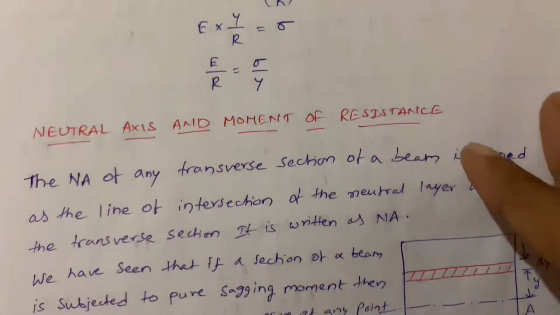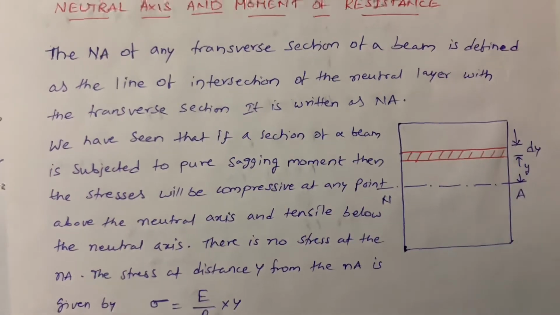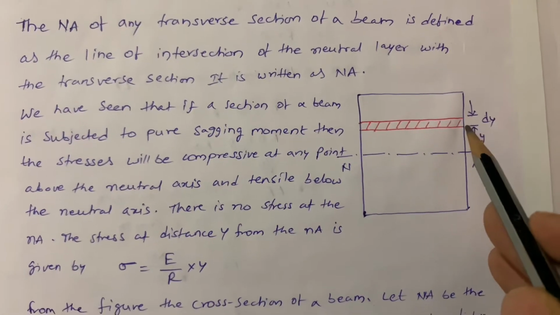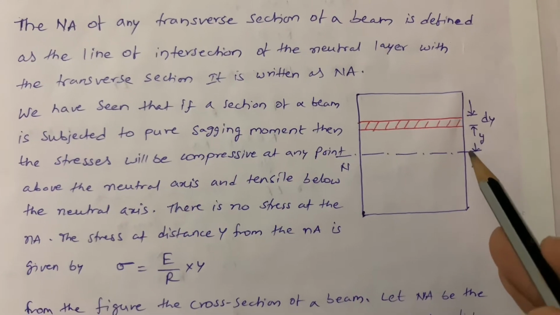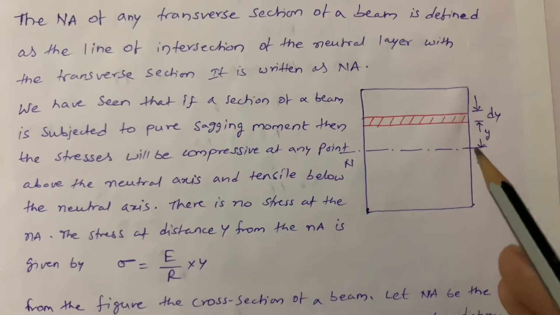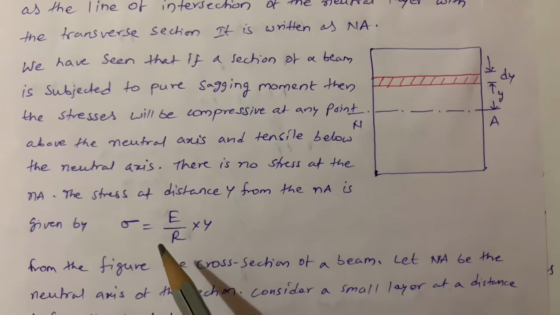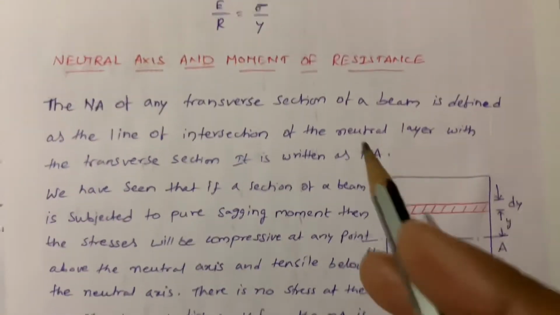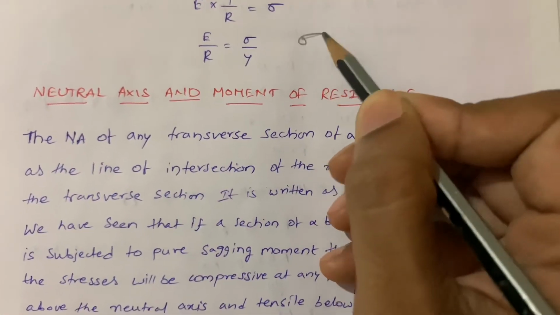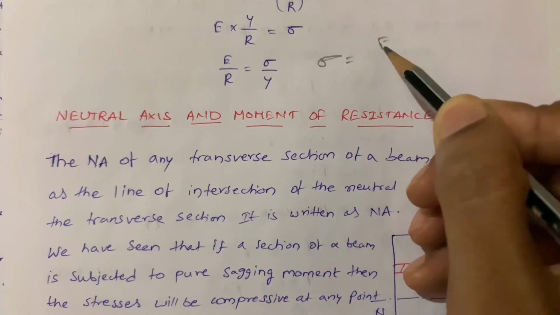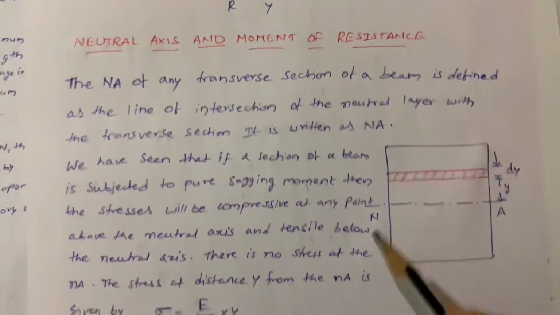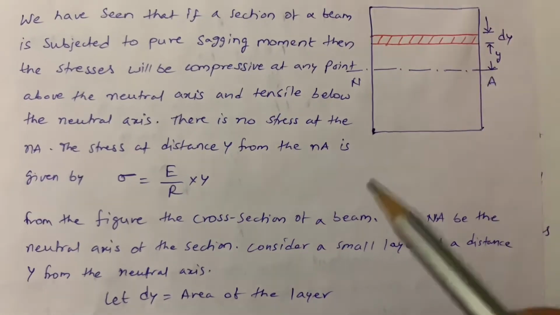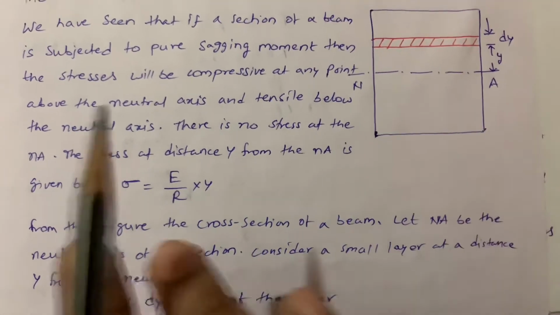After that we have to calculate the neutral axis and moment of resistance. For that, again we consider a small strip at distance y from the neutral axis, and the area is dA. We know E by R equals sigma by Y, so sigma equals E by R into Y. This dA is the area of the layer which we considered.